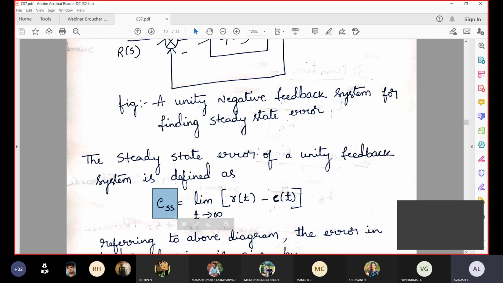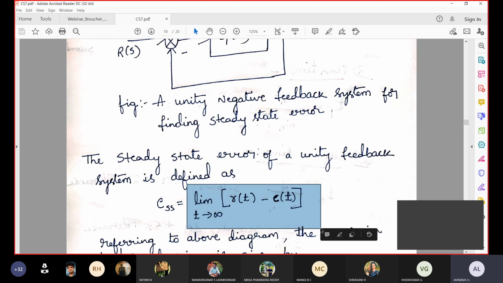SS stands for steady state, E stands for error. The steady state error for a unity feedback system is defined by the limit t tends to infinity of R of t minus C of t. That means up to infinite time we are going to take this particular value.